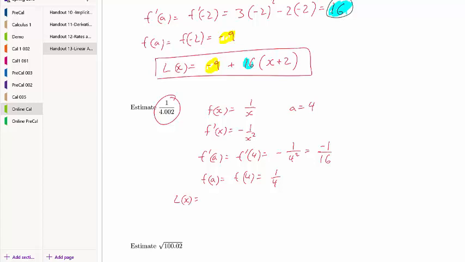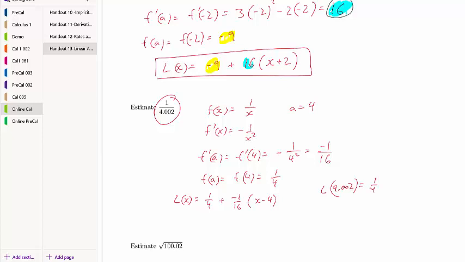Our linear approximation formula, L of x, first we plug in 1 divided by 4, and then plus our f prime, which is negative 1 over 16, and this becomes x minus 4. So our next step is to figure out what's going on at 4.002. And so we simply plug that into our approximation formula.